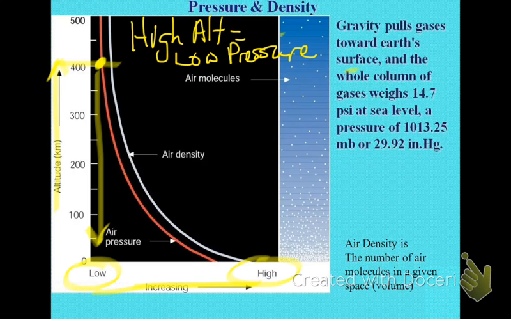If we say, what is the air pressure, high or low, at say 100 kilometers, you look across until you hit that line, there it is, and drop down, and it's not exactly over by the word high, but it is at least higher than the low one that we dropped down to, right? So this is how you would read the graph.